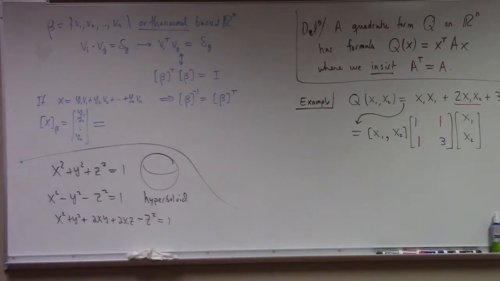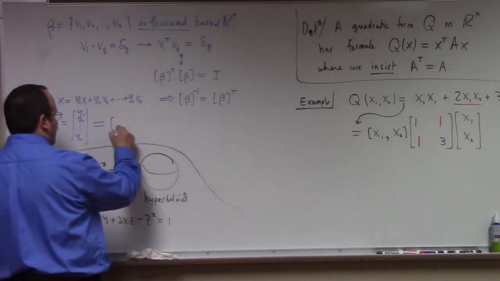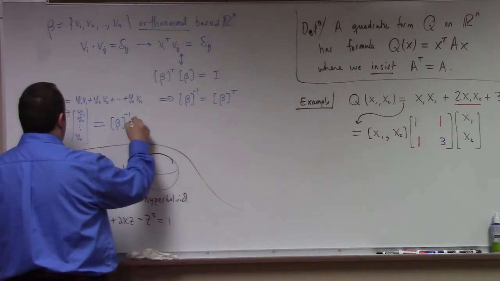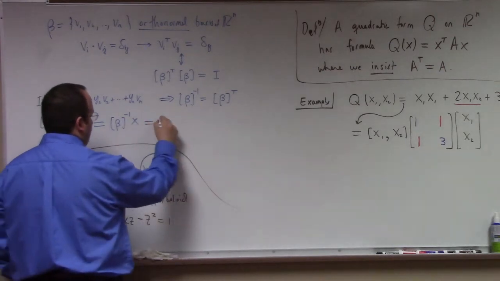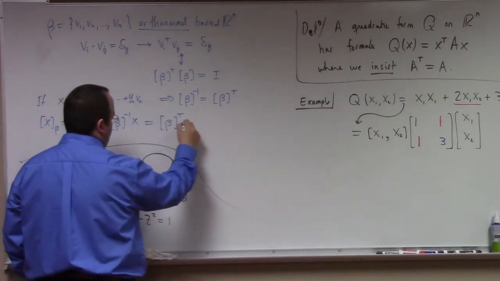What was our formula for finding the coordinates with respect to a non-standard basis in Rn? Remember what we do? We take the vector and multiply it by the inverse of the basis matrix. So generically speaking, this was beta inverse times x. But here, it's straight up beta transpose times x.